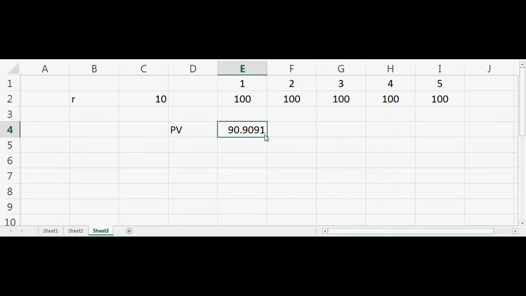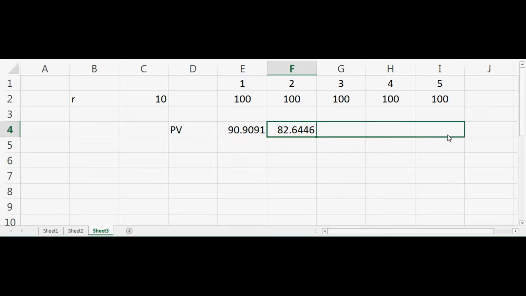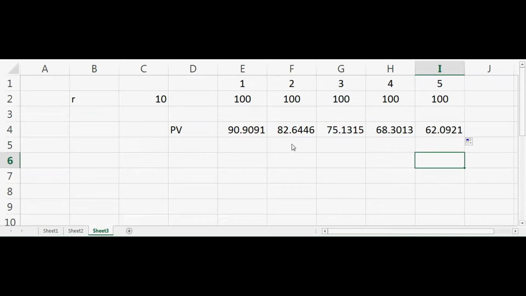So if I repeat it for the next cell, you can see that again I have 100 divided by 1 plus R raised to power 2, because it is the cash flow after the 2 years. So I can drag the same cell up to the 5 years, and you can see that the value of $100 which we receive after 5 years is much lower than the value of $100 which we receive after 1 year.